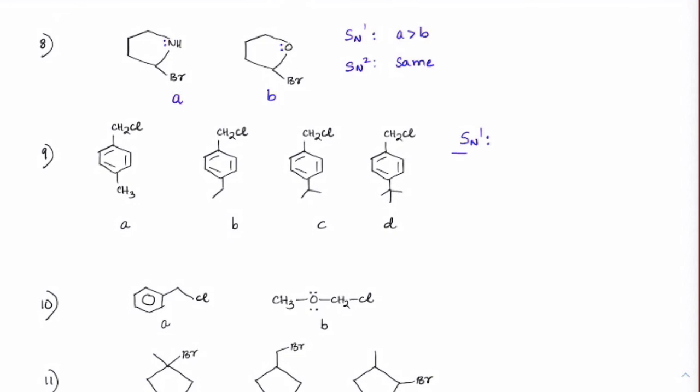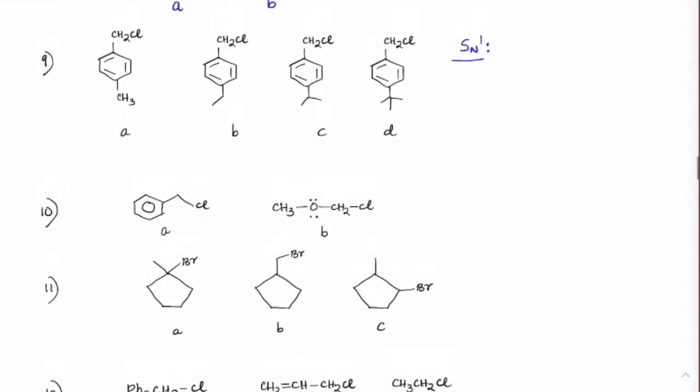Next SN1 here, check this. In SN1 you have to check out the stability of carbocation. We have toluene, phenol, styrene, and tertiary butyl benzyl chloride. So between this A, B, C, D, if you check out, the first one will give you plus M as well as 3 hydrogen hyperconjugation, because all 3 hydrogens can give a hyperconjugated resonance.